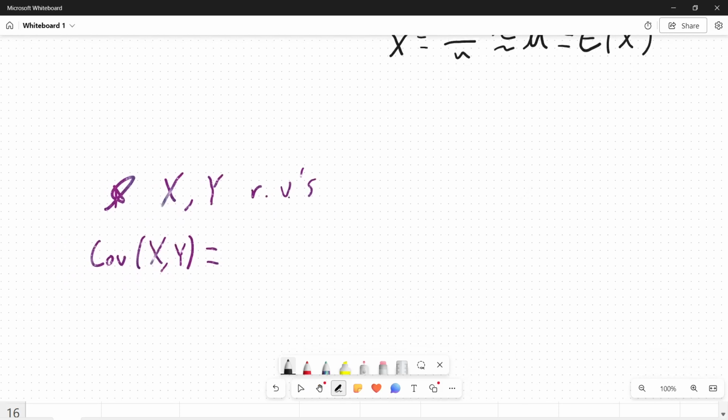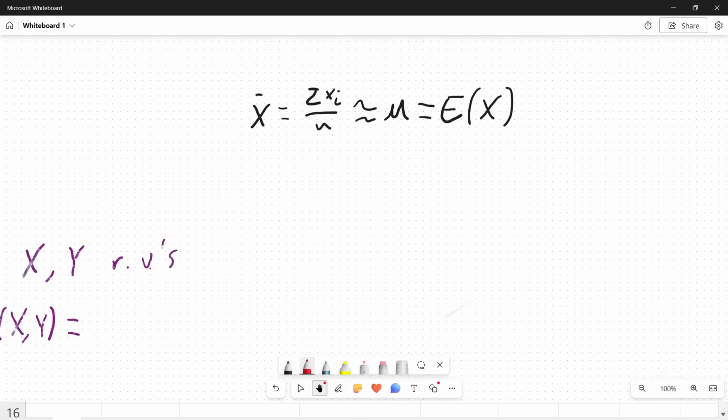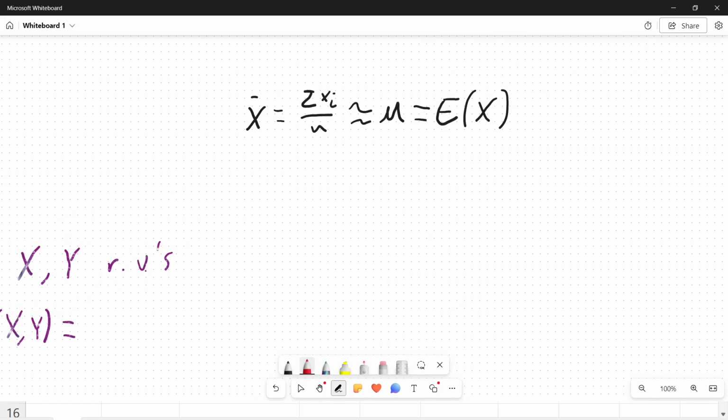Covariance is, again, a type of moment, but it's a co-moment. It's an expected value of two things being related in a certain way. You'll recognize it, especially in relation to variance, so I'm going to say variance of x.